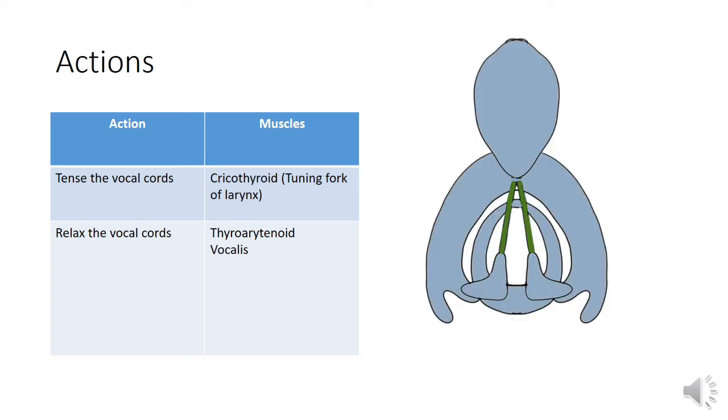Cricothyroid brings about forward movement of thyroid cartilage, which in turn elongates the vocal cord, bringing about tension of the vocal cord. The cricothyroid moves the thyroid cartilage forward, elongating the vocal cord, causing tension of the vocal cord.